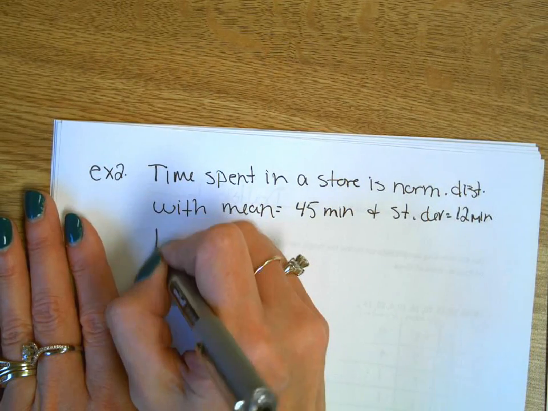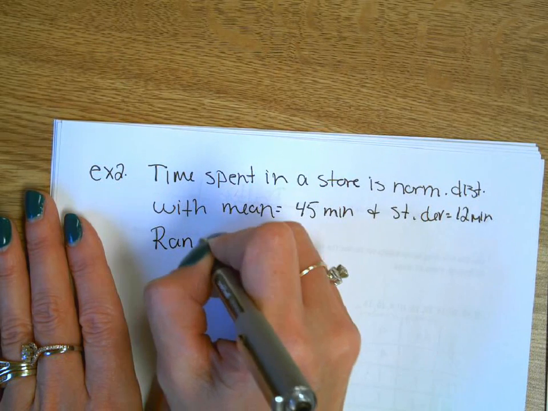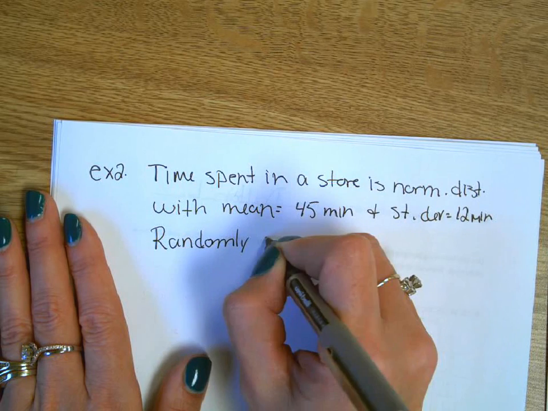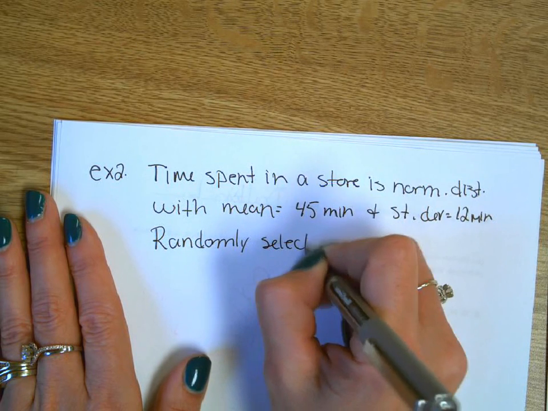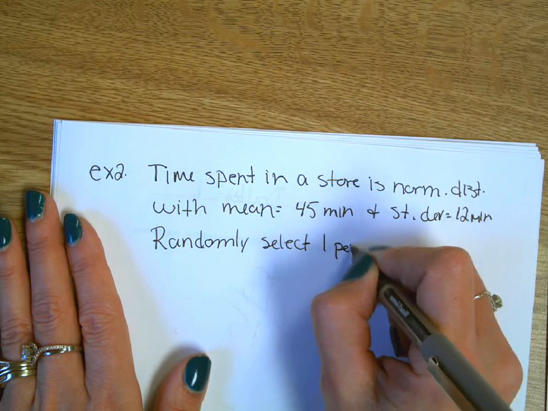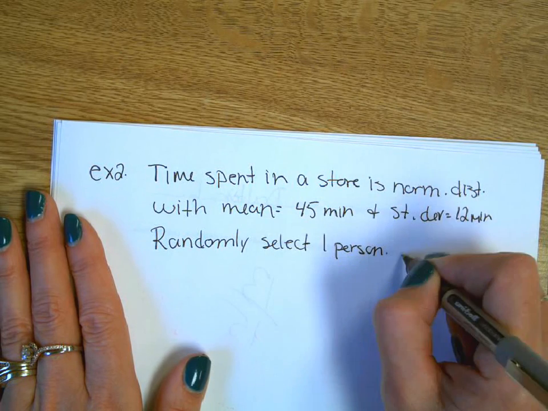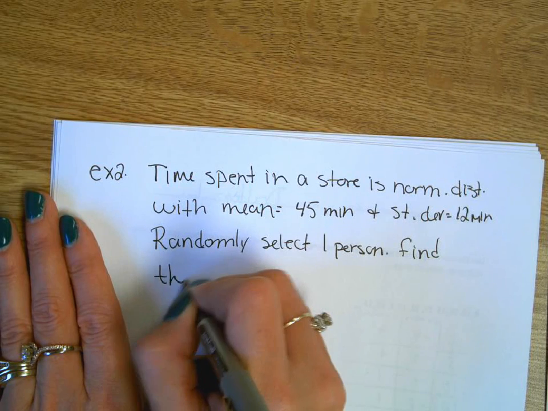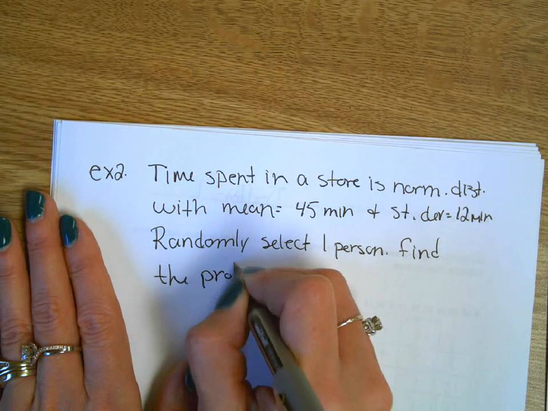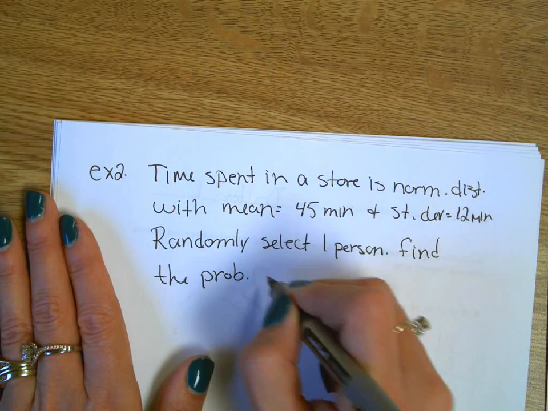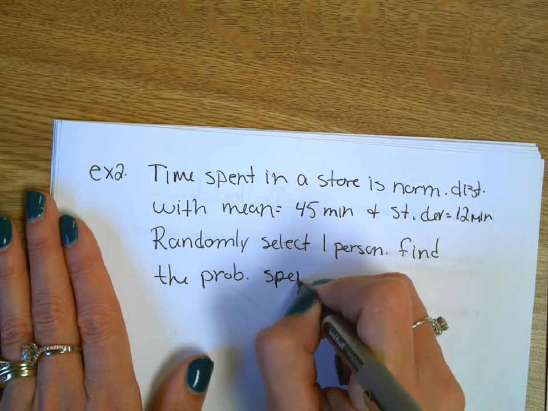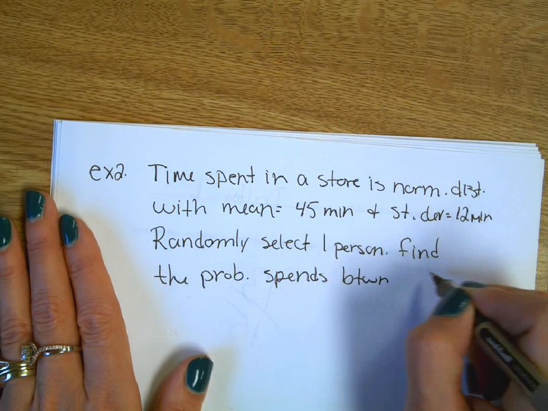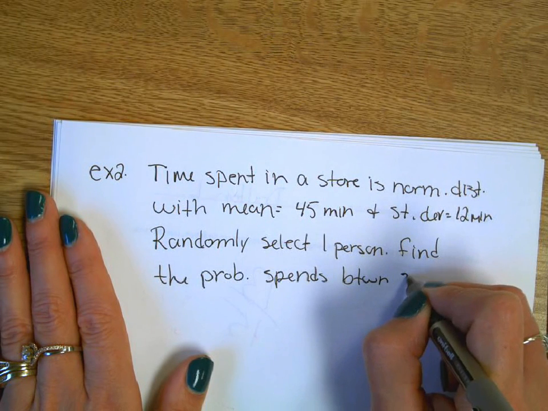You're going to randomly select one person. Find the probability that the person spends between 30 and 60 minutes in the store.